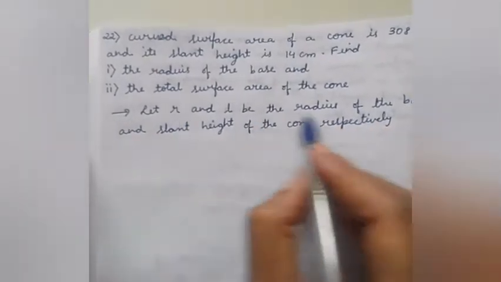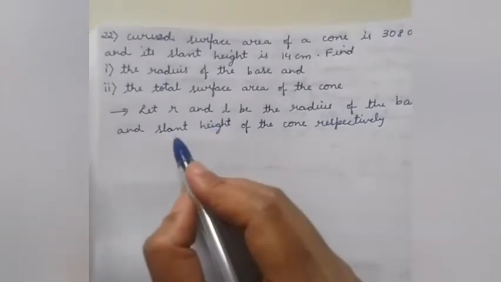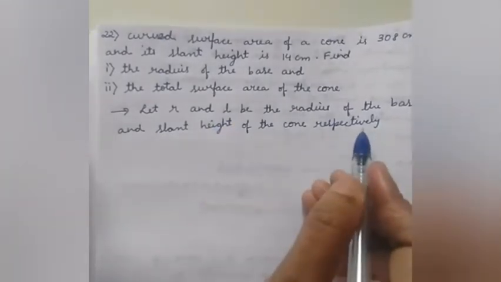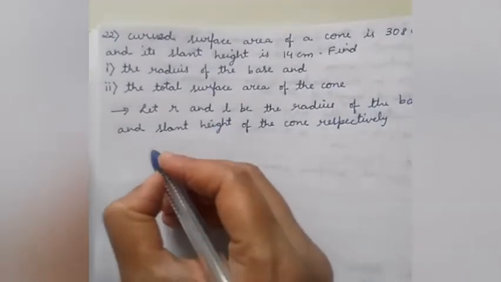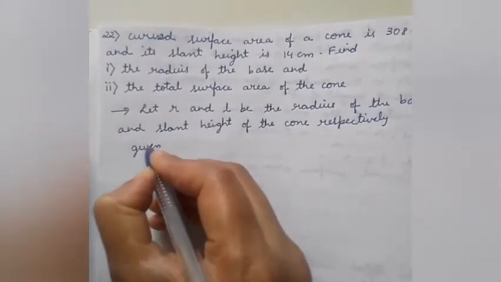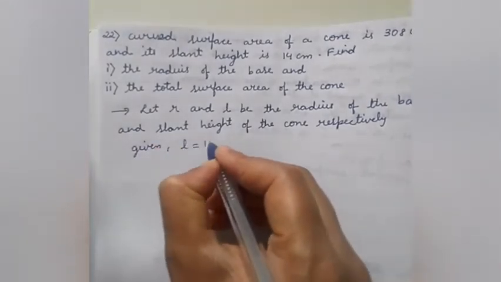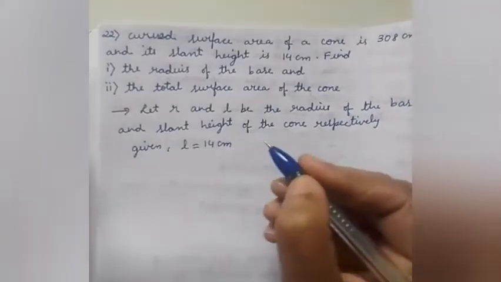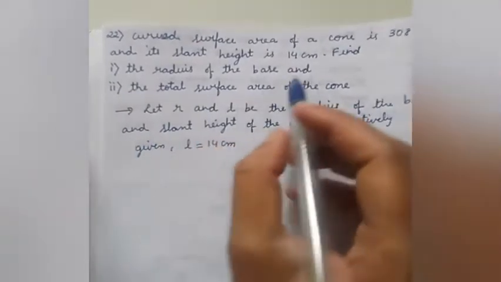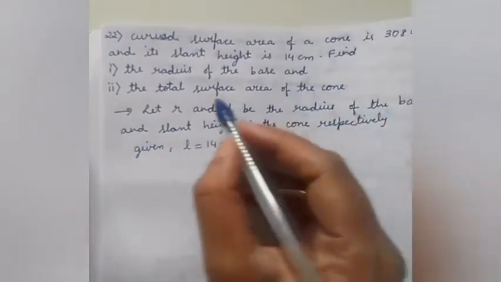That is, R is the radius of the base and L is the slant height of the cone. We have, it is given that L is equal to 14 centimeter and also it is given curved surface area is 308 centimeter square.